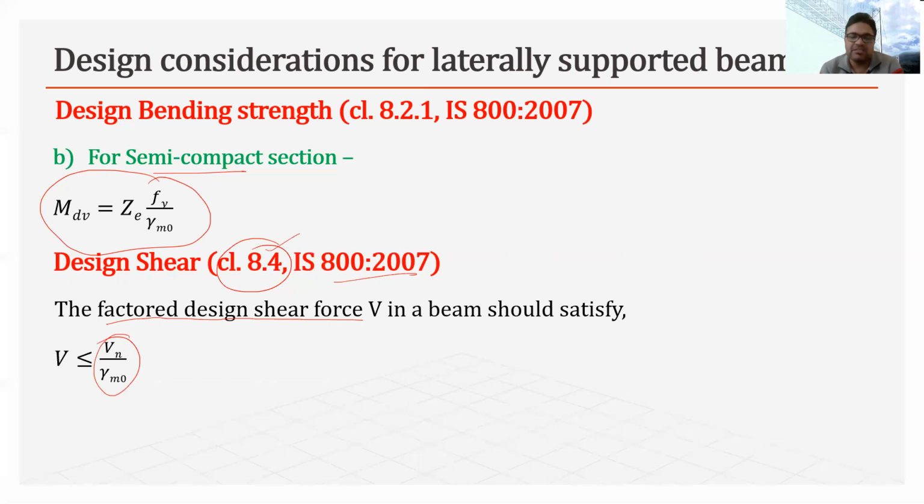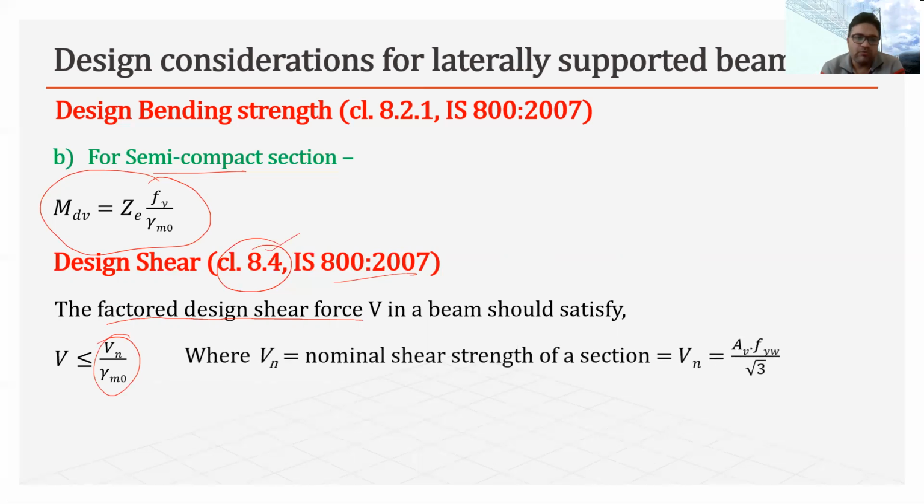So that is the condition that we have to satisfy. Now, how do we find out this Vn? Vn is called the nominal shear strength of the beam, and it can be calculated by using this one, AV into FYW. AV is again the shear area and FYW is again the permissible design shear strength.